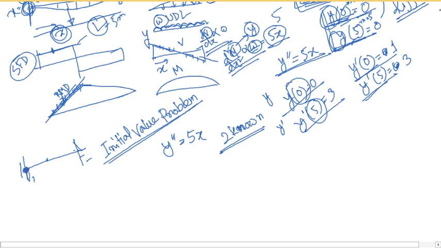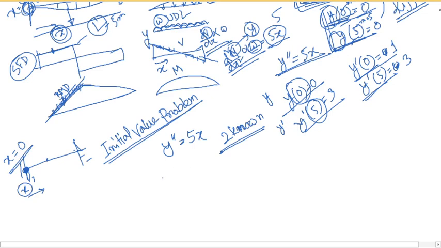Initial value means the starting point of our calculation, which in this case might be x equals 0. So an initial value problem means we will be giving the known values at only one point, and that will be the initial value.